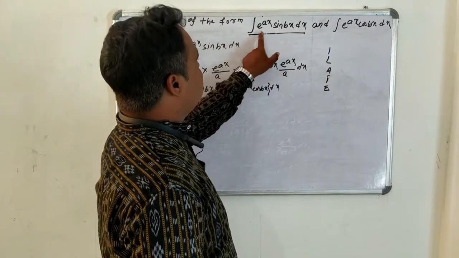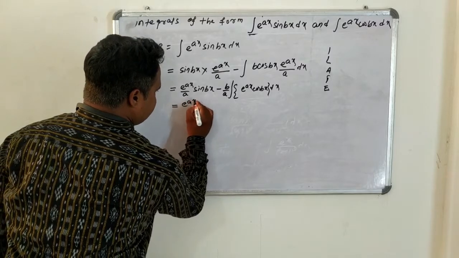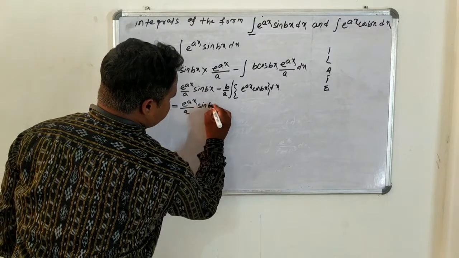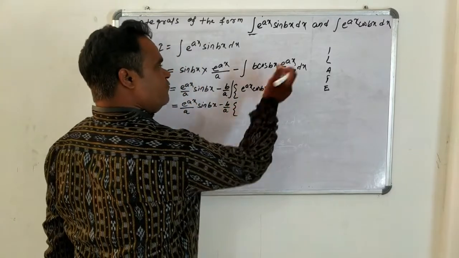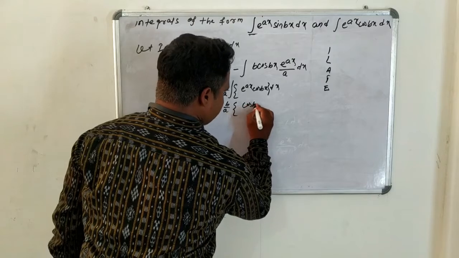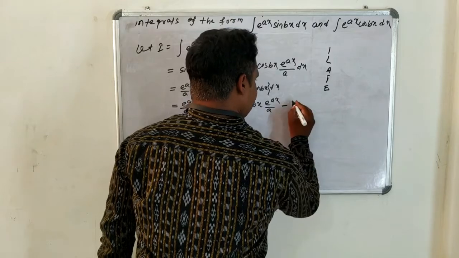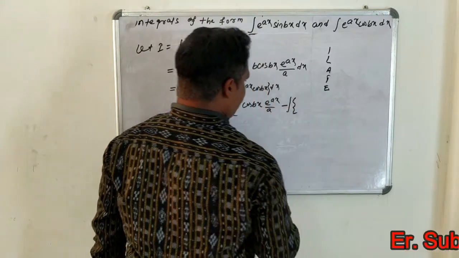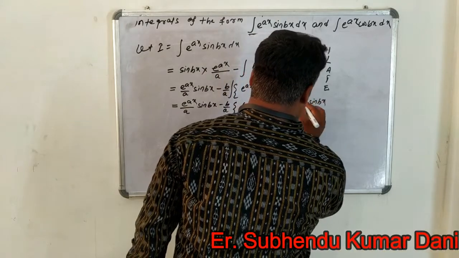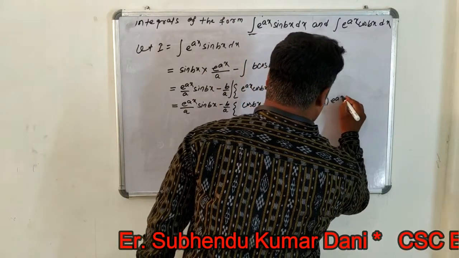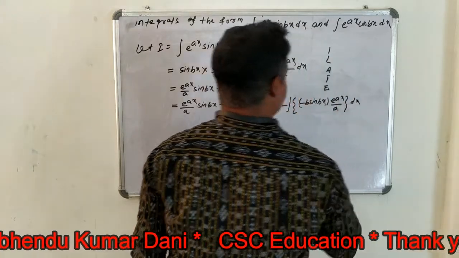So this value equals e to power ax by a sin px minus p by a times, using by parts a second time, cos px is the constant part, e to power ax by a is the integration value, minus in the bracket the integral of the derivative of cos px, minus p sin px, times e to power ax by a.